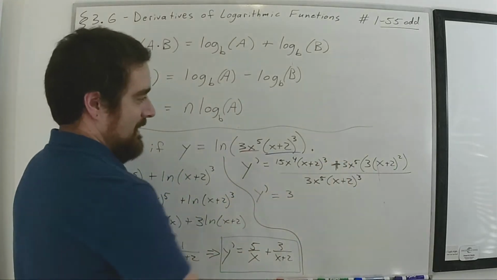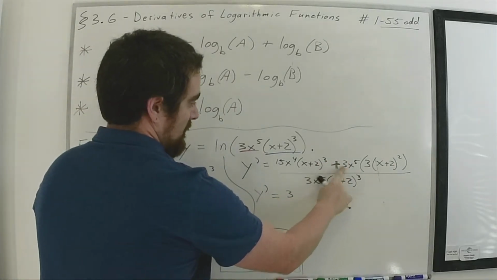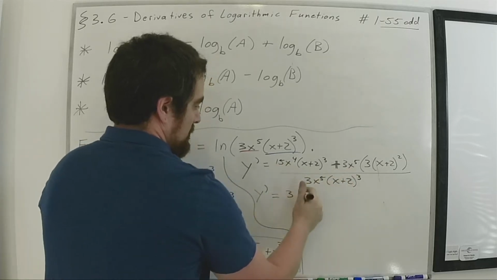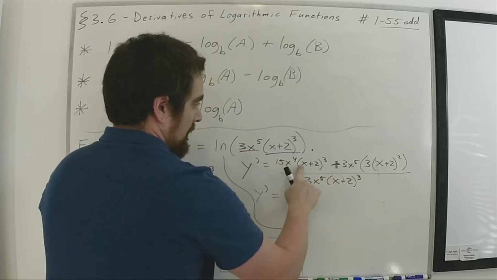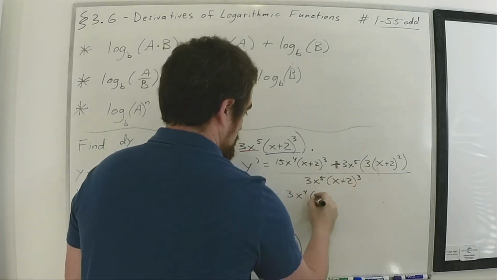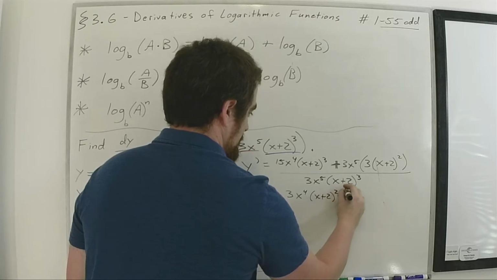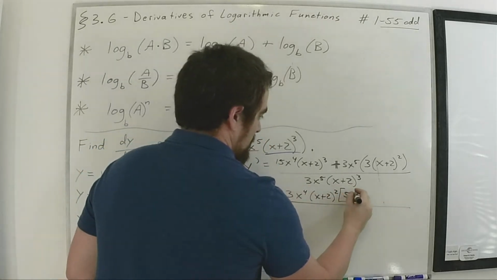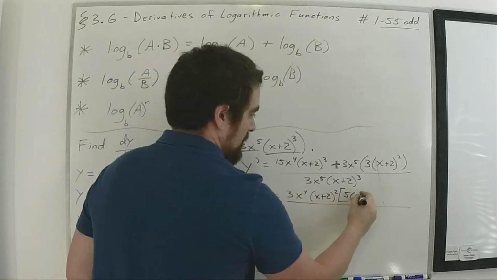But it's not bad because I've got this plus, and I've got a common factor of 3. I've got a common factor of x to the fourth. I've got a common factor of x plus 2 squared, right? I've actually got 2 of those, so I'm going to pull out x plus 2 squared. And then it's going to leave behind that factor of 5 and that extra factor of x plus 2.